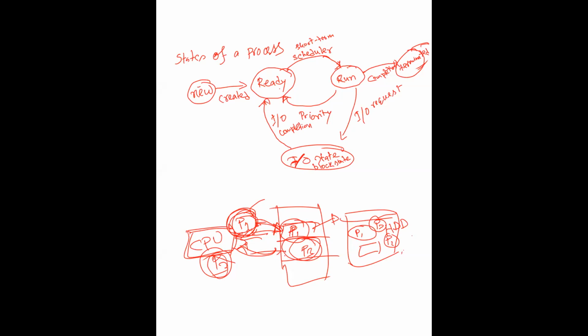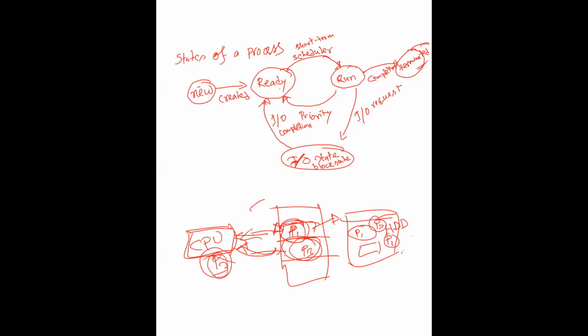When your process needs any IO, it performs the IO, and in this time your operating system will schedule another process for execution, because your operating system cannot schedule process P1 until it completes the IO.